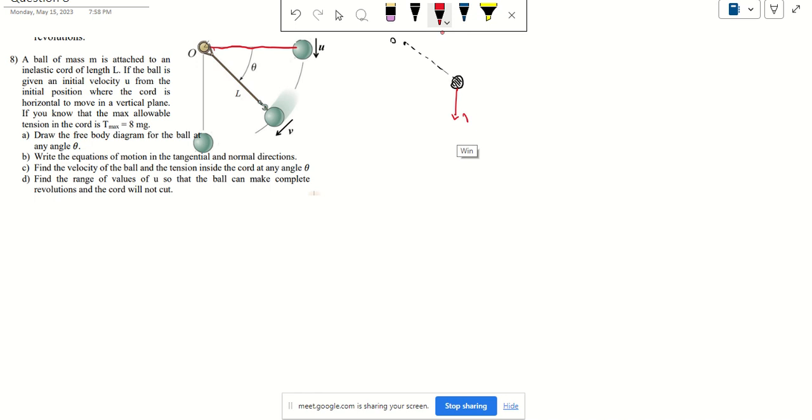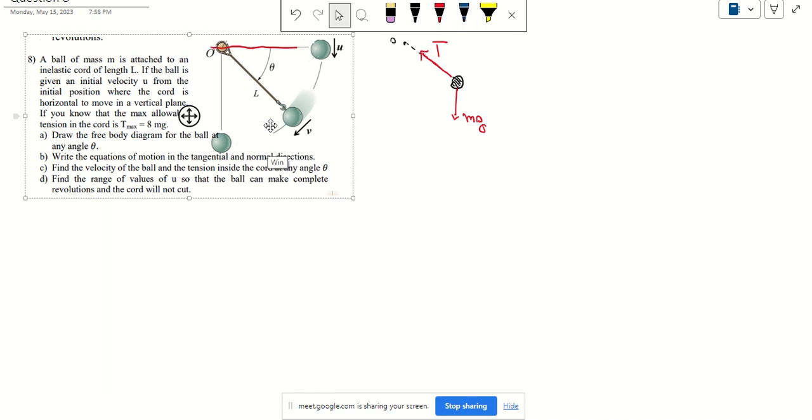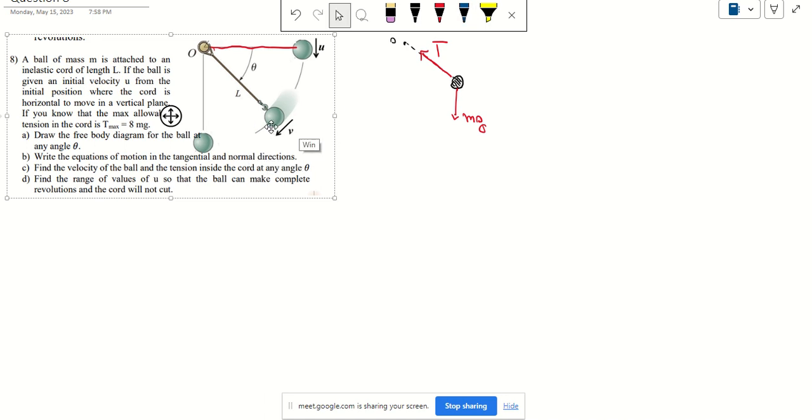So we have here mg, and we have here T. And again, we just need to define our direction.